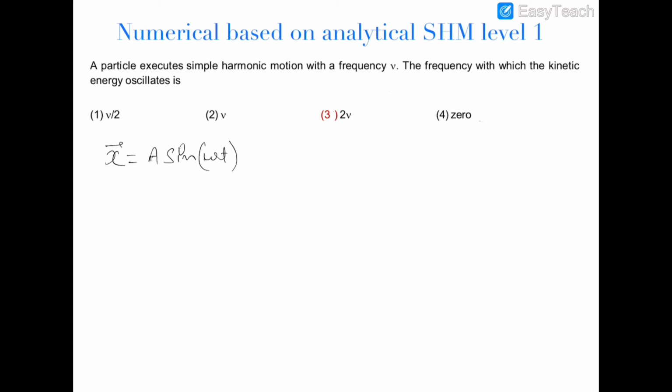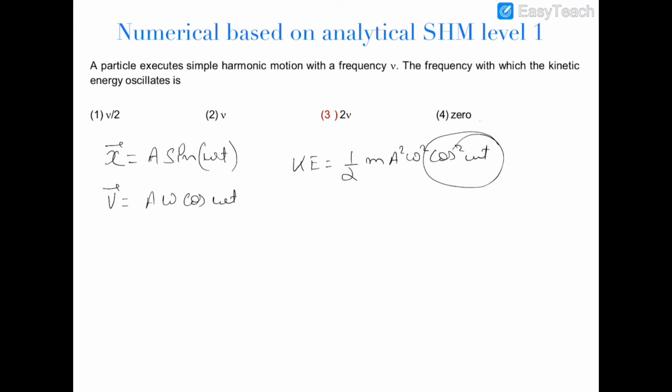If this is the equation of SHM, then velocity will be a omega cos omega t, and kinetic energy will be half m a square omega square cos square omega t.